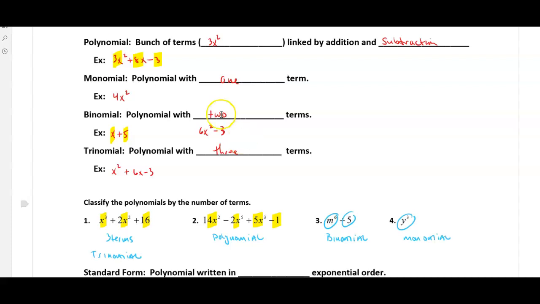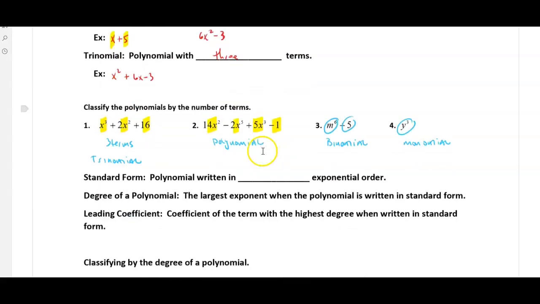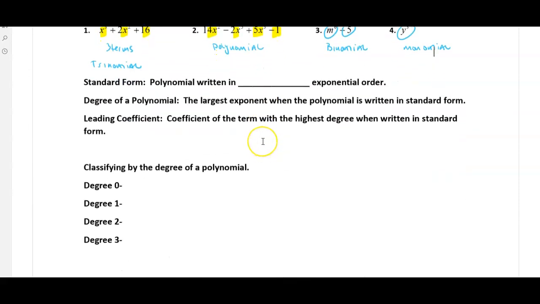All right. So knowing these terms is very, very important. Now, the standard form of a polynomial is a polynomial written in descending exponential order. The degree of a polynomial, and this is key here, is the largest exponent when the polynomial is written in standard form.